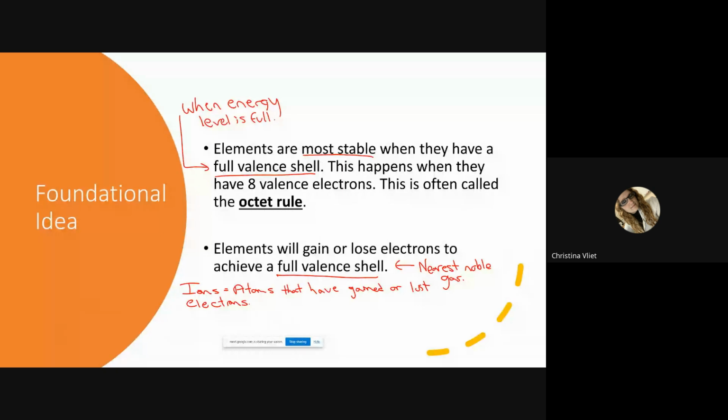But ions, we know, are atoms that have gained or lost electrons, and a foundational idea that we're now going over is that elements are stable when they have a full energy level. Meaning, if an element has the same amount of valence electrons as its nearest noble gas, then it is defined as stable.